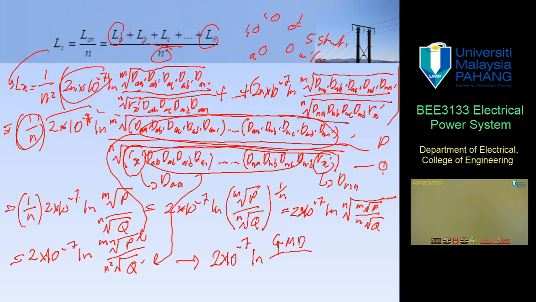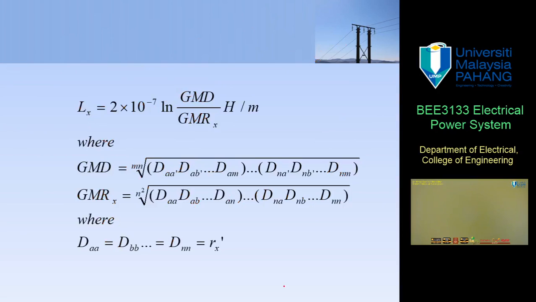Geometric mean distance over GMRx, with the unit of Henry per meter. So the upper part is GMD, geometric mean distance, and the lower part is GMR, which is the geometric mean radius. Okay, we have derived it finally. Okay, succeeded.